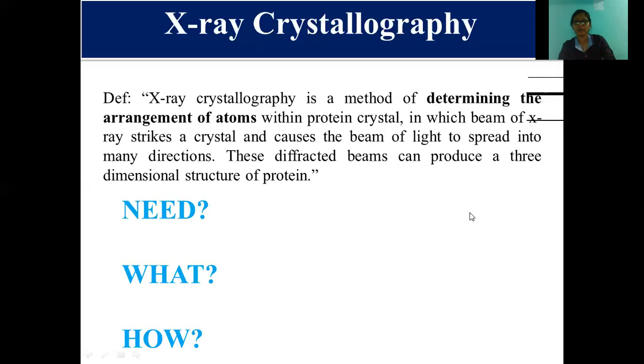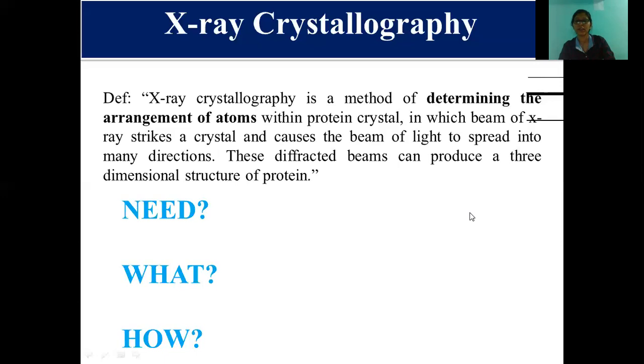So why is there a necessity to make the crystal? Because all the biomolecules present in the cell are not present in a single conformation, a single orientation. They change their bonding, they change their conformation, perhaps due to their interaction with another protein.